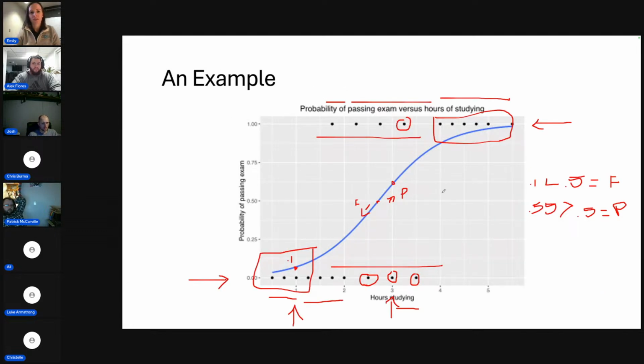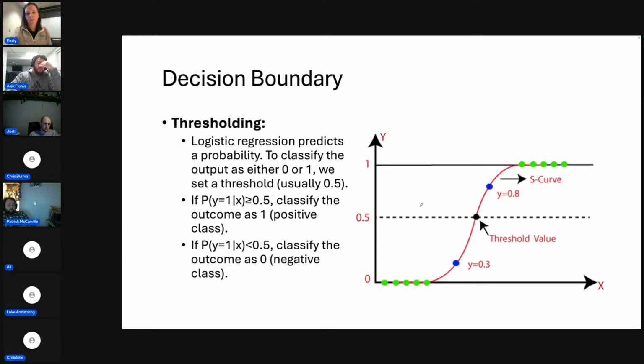One thing that we can do with this, in this example, I set something called our threshold at 0.5. What our model is going to do is calculate these probabilities first, and then look at those probabilities, and if they're above 0.5, it's going to say pass, and if it's below 0.5, it's going to say fail.